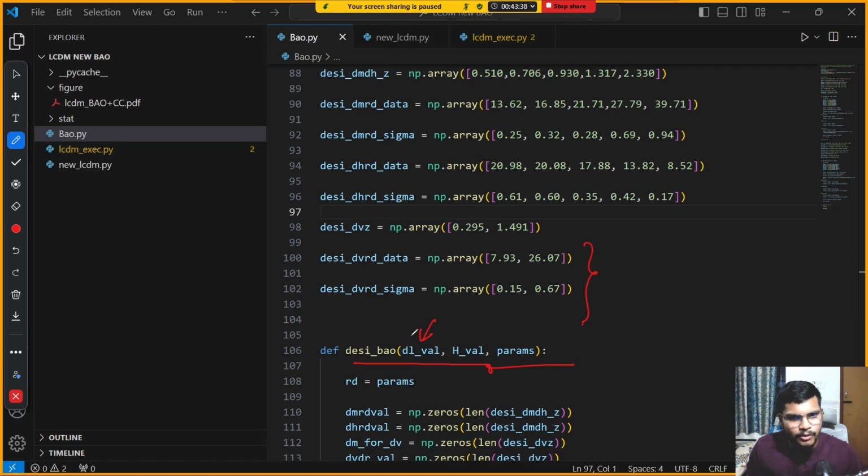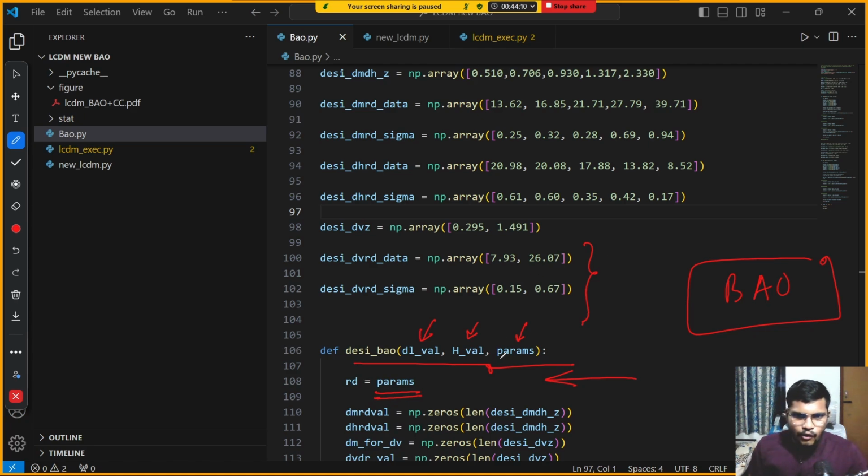Again it will incorporate the DL, hash value, parameters. You must understand which parameter you are basically obtaining. I told you that you have to be cautious whenever you are obtaining this rd. But I have made this file in such a way that you don't have to be blind, first of all, because I am making this video to teach you, right? So I cannot just tell you to be blind.